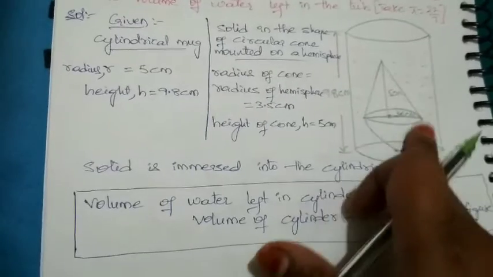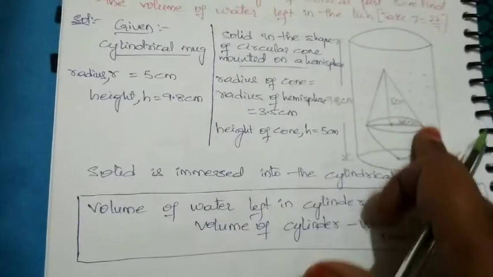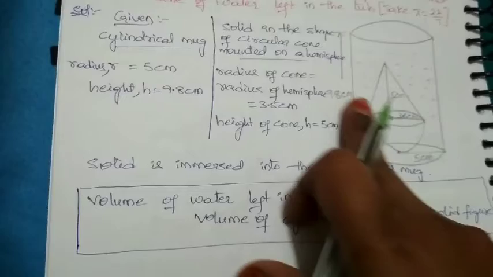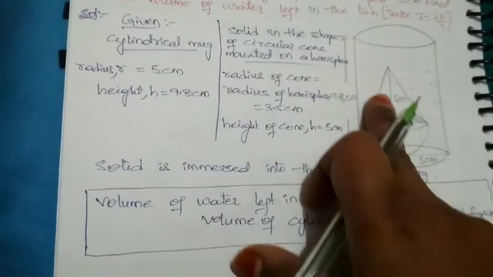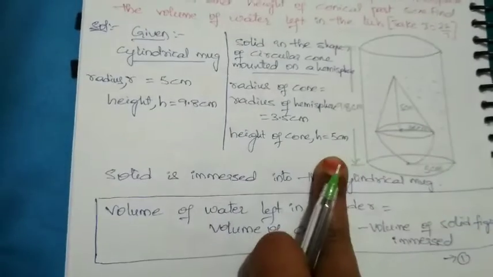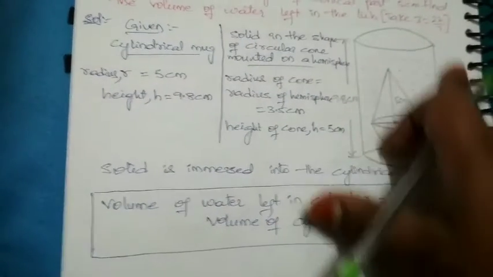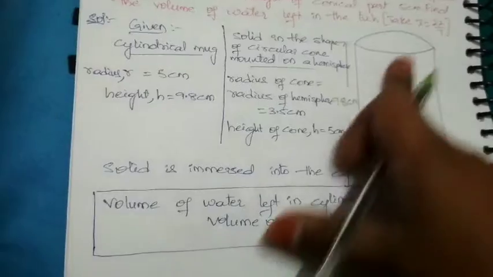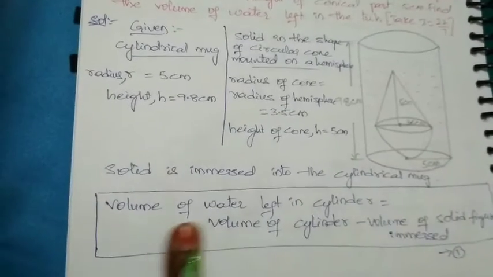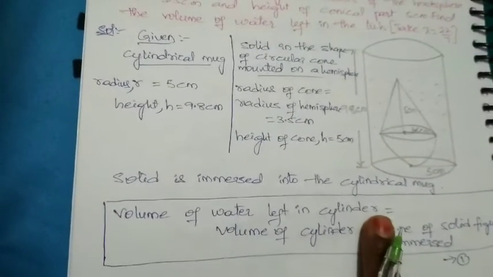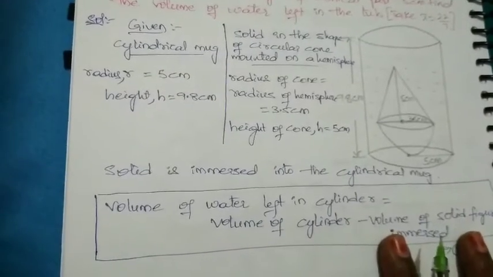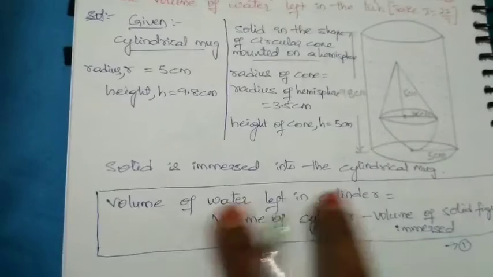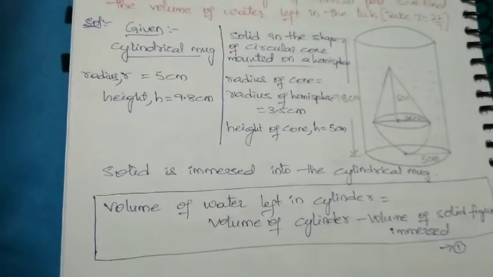Here the cone is surmounted on a hemisphere, which means both radii will be equal, so I took both radii equal. The height of the cone is already given in the question, which is 5 centimeters. Whenever you put a shape into the mug, water comes out. So if you subtract this solid figure's volume from the total volume, you'll get the water left over in the tub.